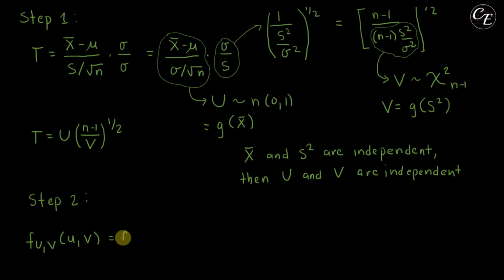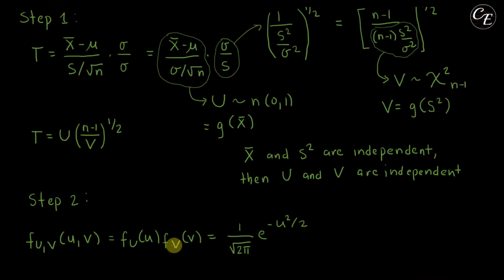So we have here PDF in terms of U and PDF in terms of V. Now for this U, it has a standard normal distribution. So we have here PDF for a standard normal distribution, which is 1 over square root of 2 pi times e raised to negative u squared over 2.